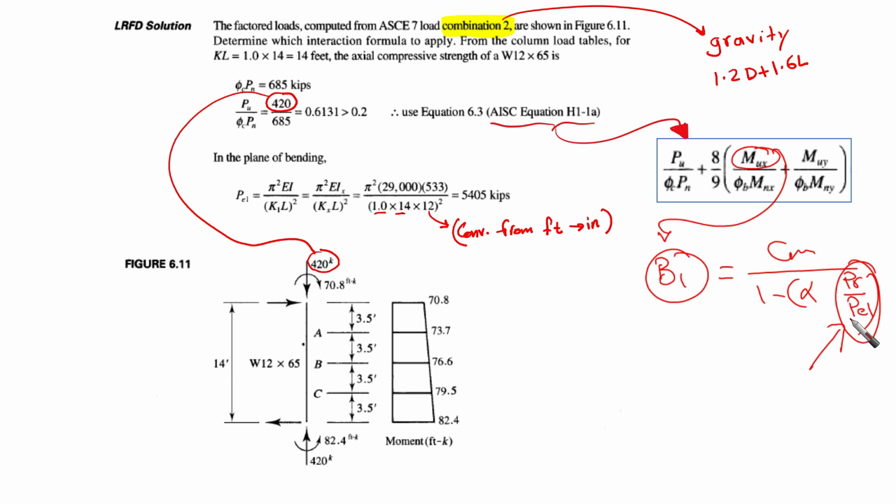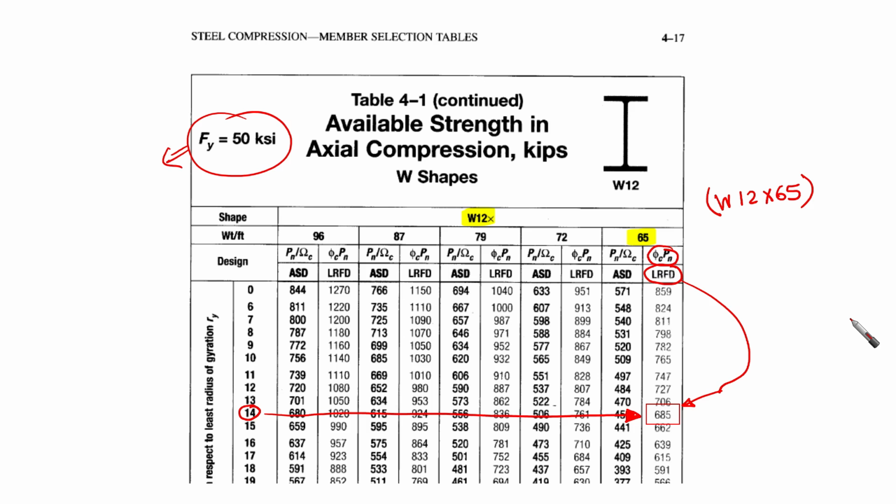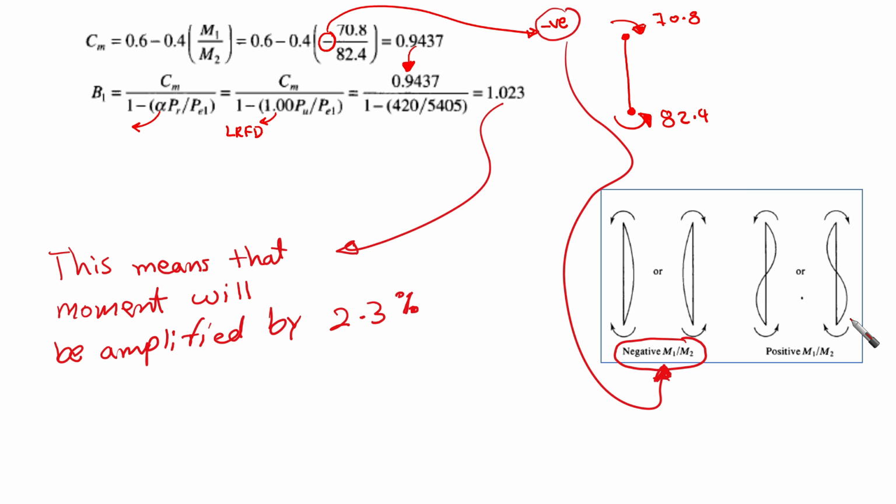So we need to calculate this Pe1 first. So B1 equals Cm over 1 minus alpha times Pr over Pe1, right? So we need to calculate Pe1 first, and then Pr and then Cm.